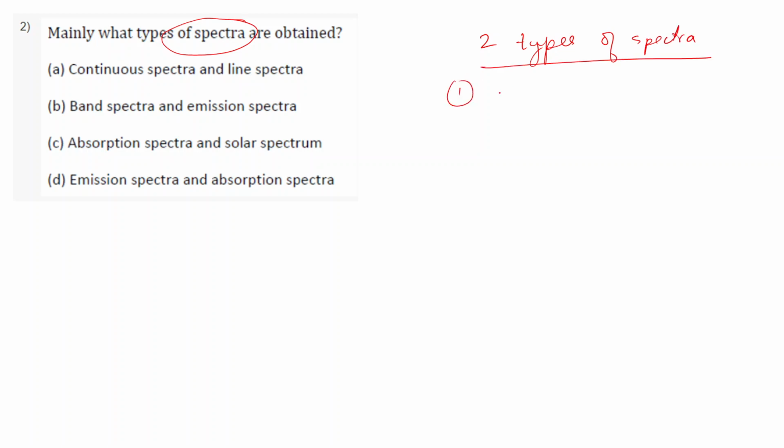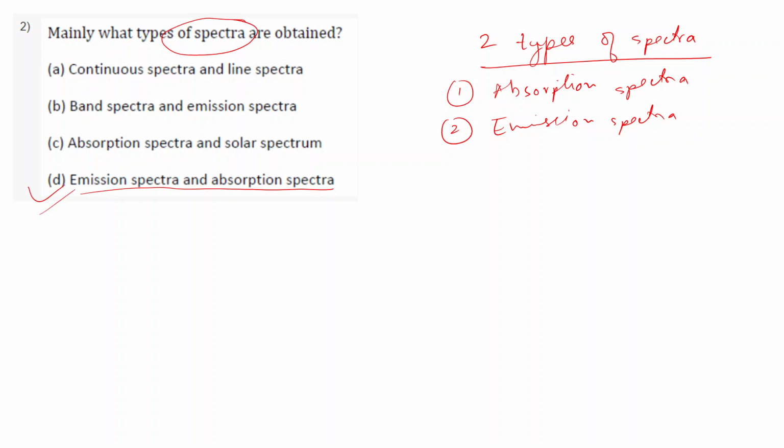These are absorption spectra and emission spectra. These are the two types of spectra that we observe and use to do any experiment. So the correct answer here is emission spectra and absorption spectra.